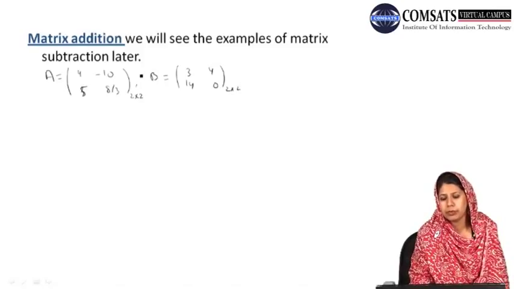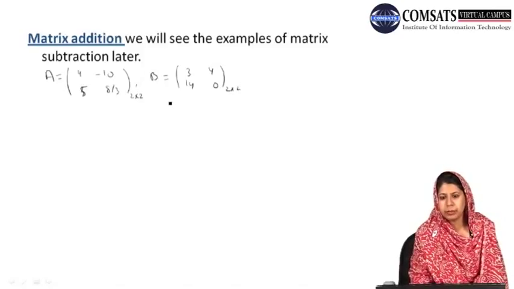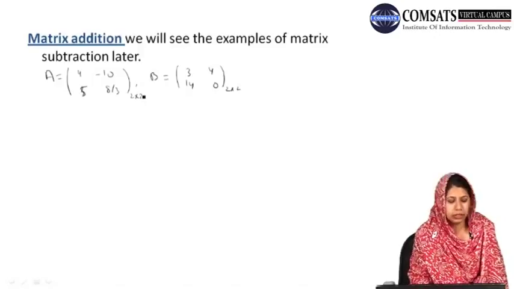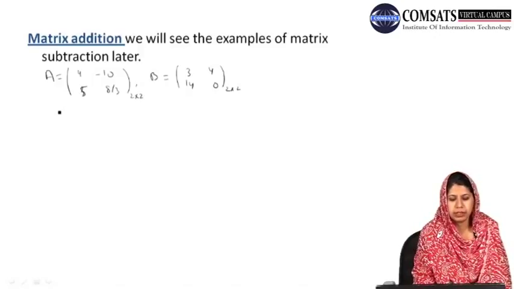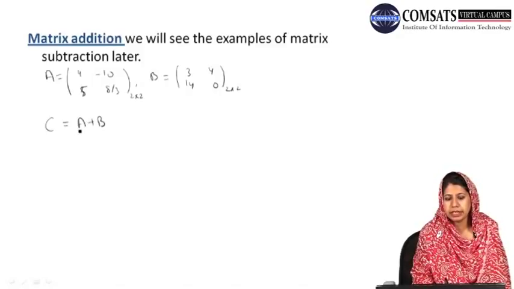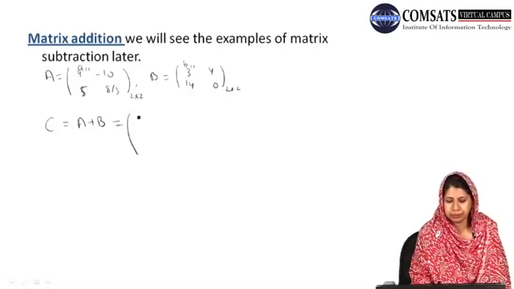Both the matrices have the same order, so these matrices can be added together to form a new matrix. That is, the matrix C can be formed by adding the matrices A and B, because both have the same order. And how? By adding the respective entries. That is, the entry A11 will be added to the entry B11.